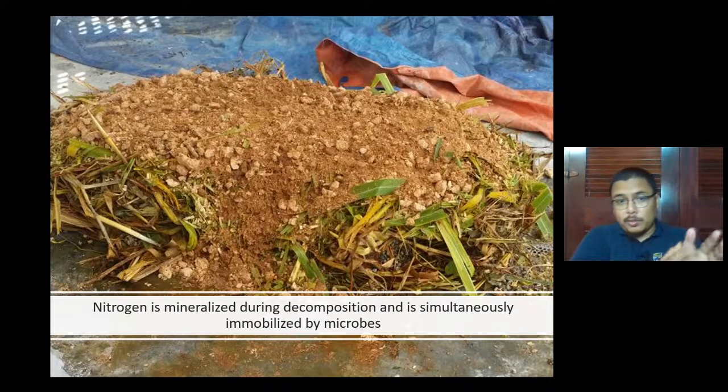As decomposition proceeds, the carbon-nitrogen ratio declines until the substrate becomes more suitable for microbial action. Phosphorus and sulfur also show increases in absolute amounts during decomposition of some species of tree leaf litter.